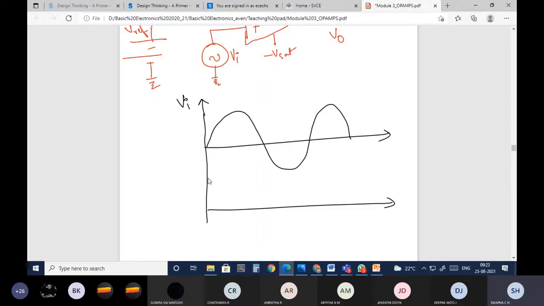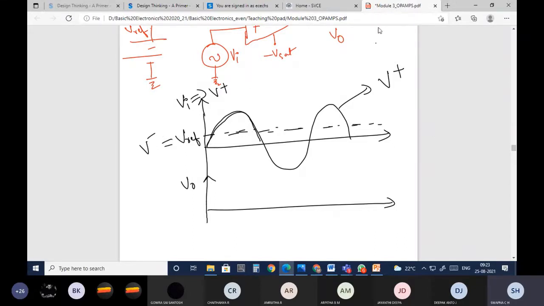Vi, V0, and now if you observe, Vi is connected to V plus. So this complete waveform, whatever sinusoidal waveform is there, corresponds to V plus. And now to the inverting terminal, the reference voltage is given. The reference voltage is some constant DC voltage, so this is what I am drawing with a straight line. Okay, so this is given to V minus.